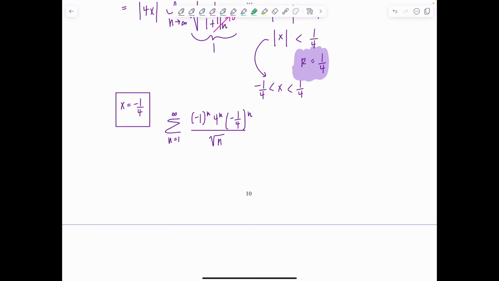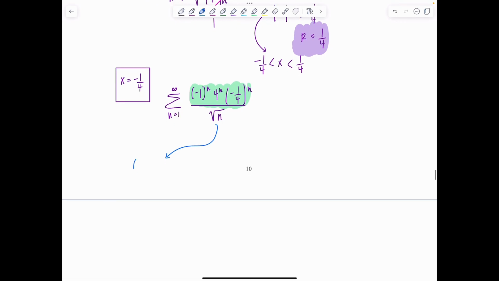Let's clean up this numerator because everything's being raised to the n. I could rewrite that as (-1 times 4 times -1/4)^n over rad n. -1 times 4 times -1/4, that's just +1.